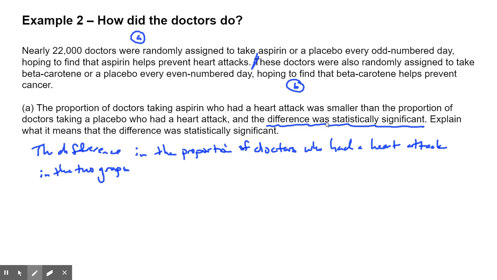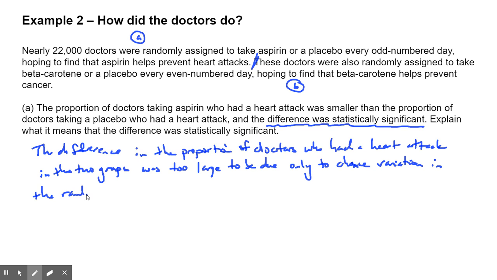And because there is statistical significance, that means that this difference was too large to be due only to chance variation in the random assignment to treatments.